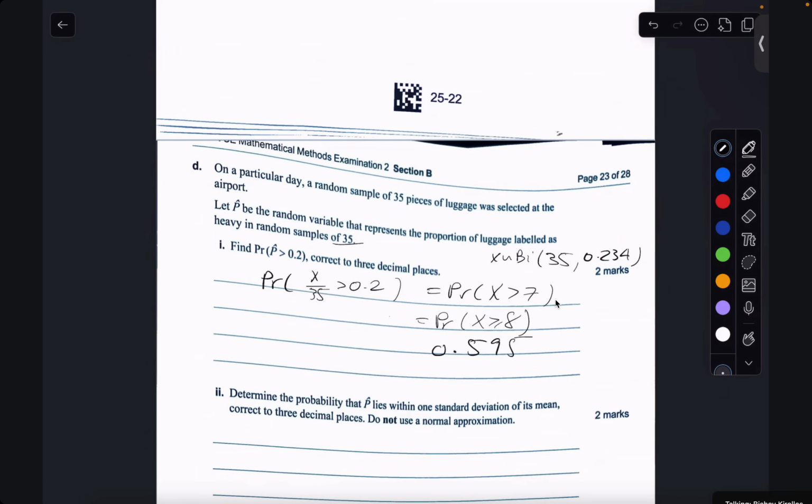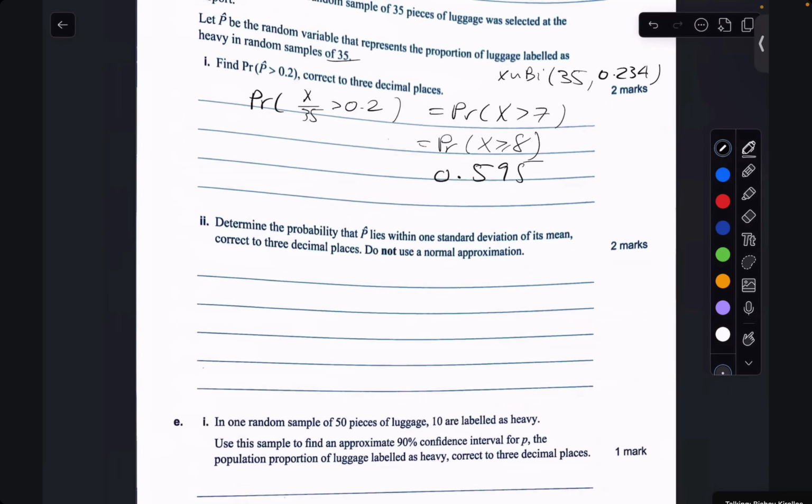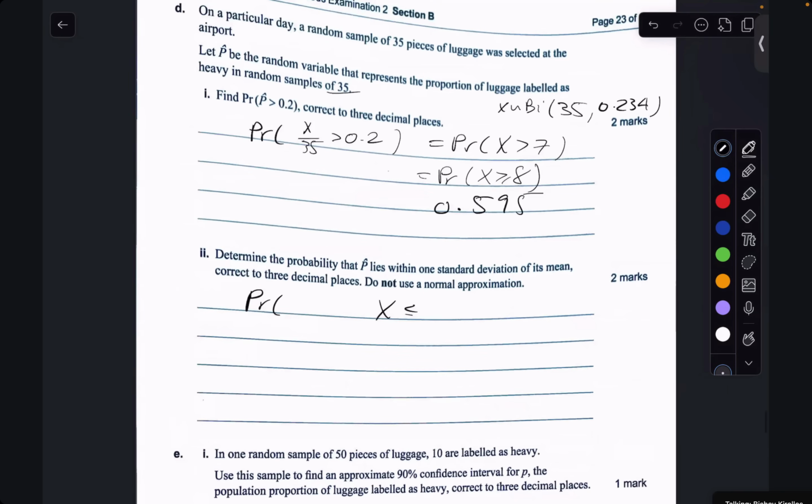to 3 decimal places. Determine the probability that p hat lies within 1 standard deviation of its mean. Correct to 3 decimal places. Do not use a normal approximation. So the mean of this is just the probability that x is less than or equal to the mean, so it's going to be 1 standard deviation of its mean.